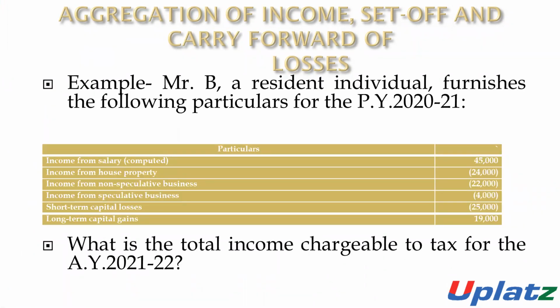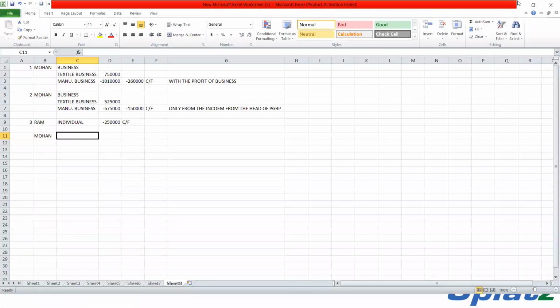Now we will discuss an example, and on the basis of this example, we will understand how to set off and carry forward business losses. Mr. B is a resident of India. He furnished the following information.